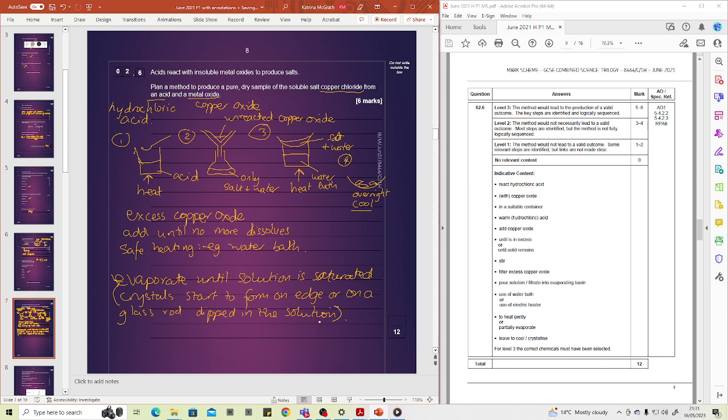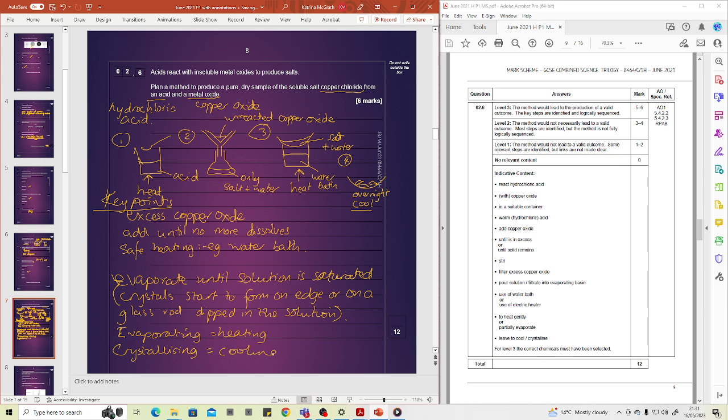Okay, and then the final key point, these are just the key points. You can see the mark scheme right beside, so I'm not going to do the whole writing here, but just the key points. And then the last one is evaporating is heating. But crystallizing is cooling.